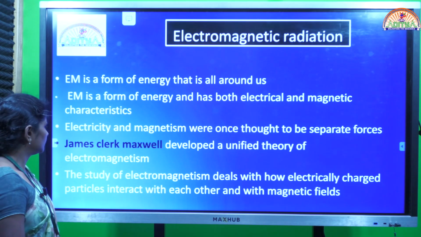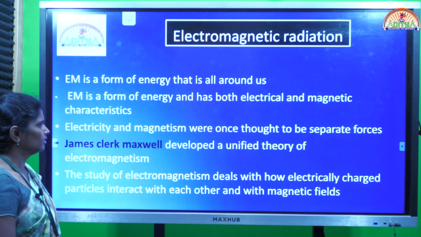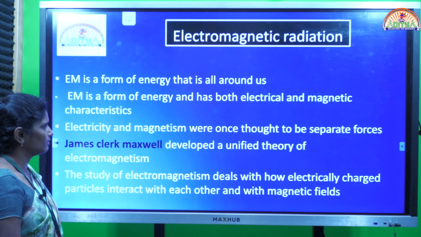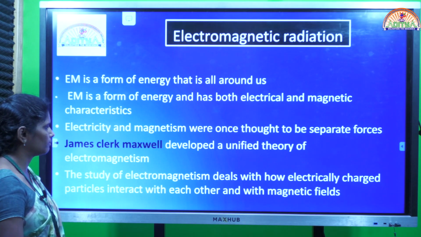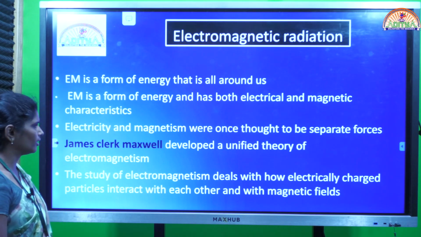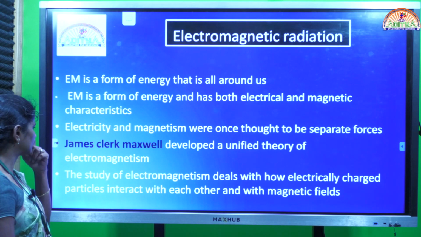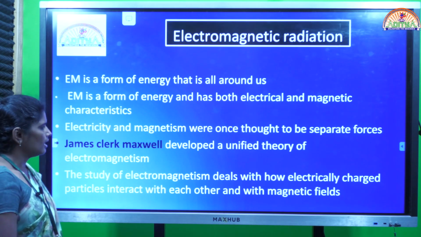And this electricity and magnetism, the components of this EMR, were once thought to be separate forces, which have been developed into a unified theory of electromagnetism by James Clerk Maxwell.